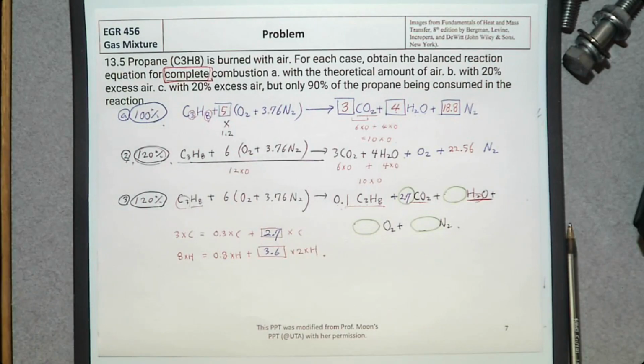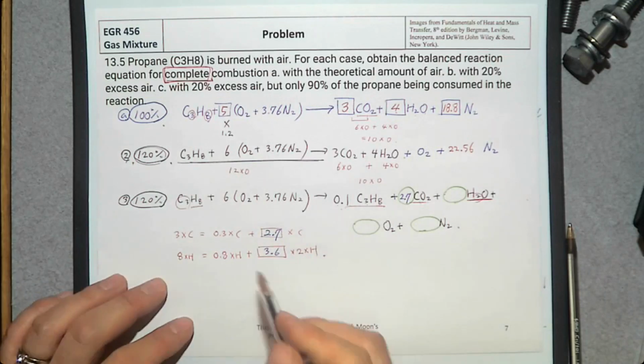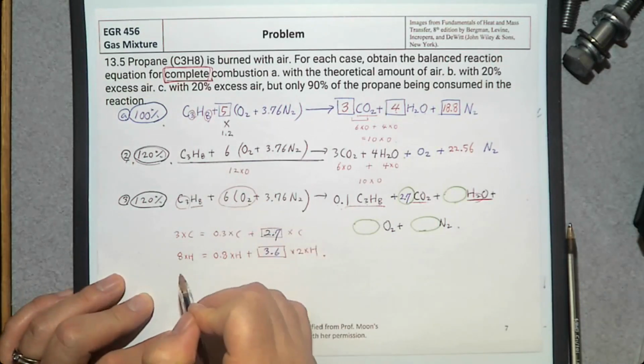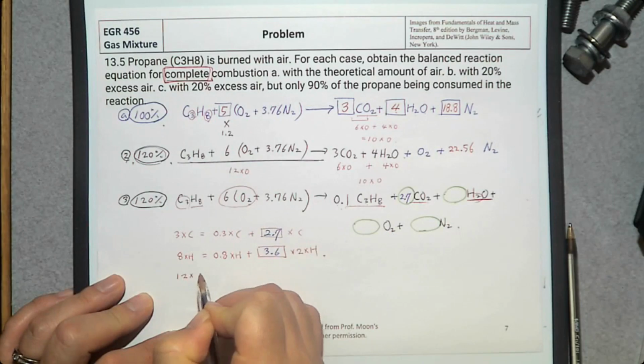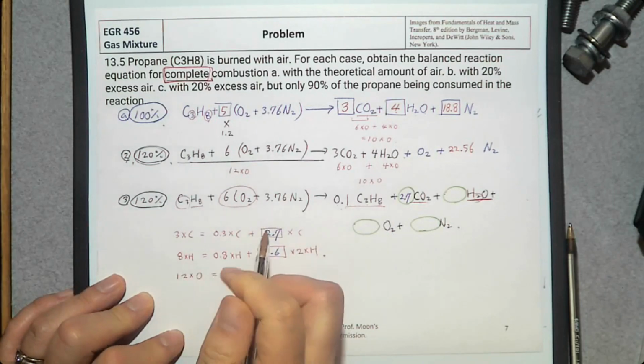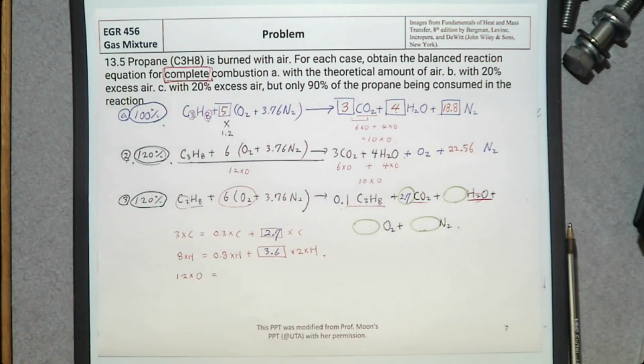Now oxygen. We have 12 oxygen atoms in the reactant, and how many oxygens required for this carbon dioxide and water?